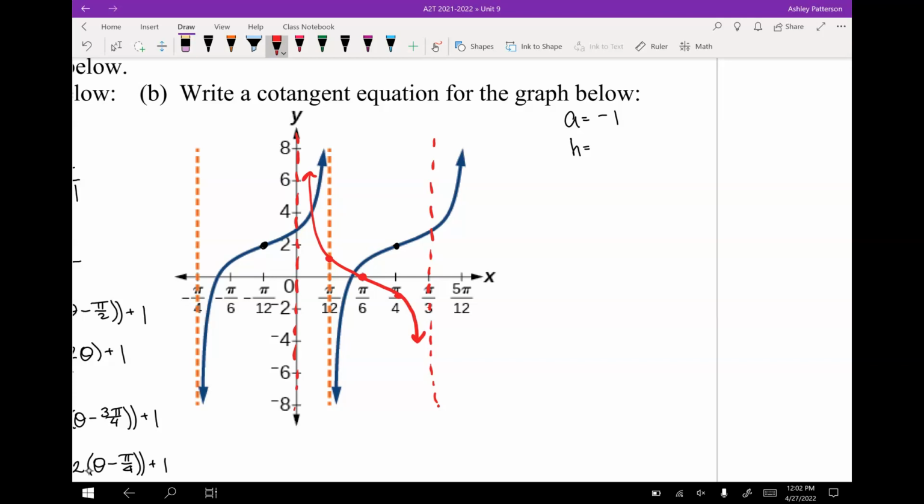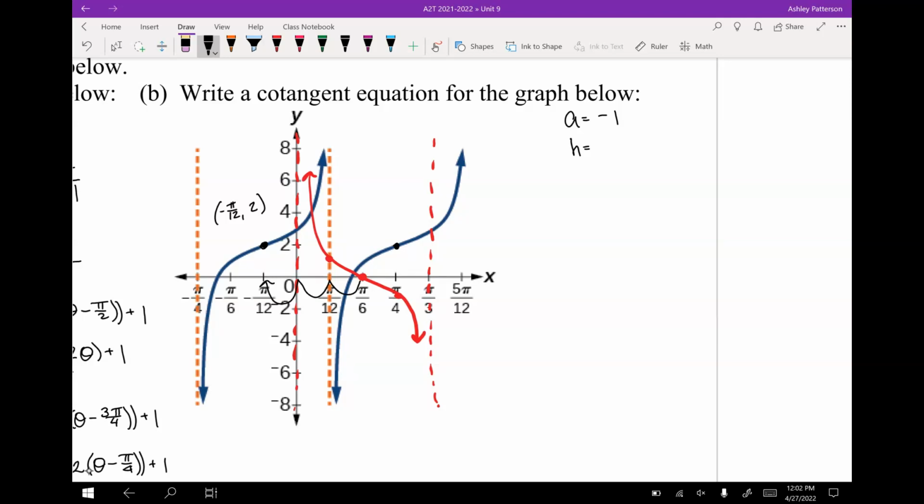Okay, so notice we have definitely a reflection. It could be vertical or horizontal. I'm going to choose vertical. We have a starting point that shifts to the left or to the right, depending on which one you chose. I'm going to stick with my normal, my original, negative pi over 12, comma 2, which means I go 1, 2, 3 units to the left.